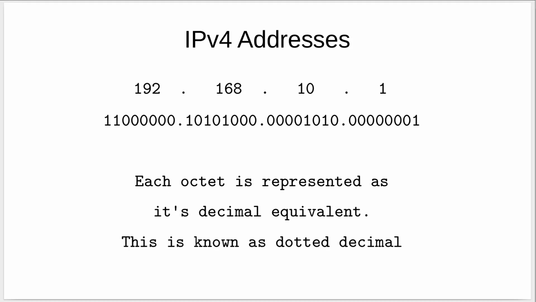So the first octet converts to 192, the second one converts to 168. The third octet there, that only has the 8-bit and the 2-bit set to 1, so that becomes 10. And the final octet only has the 1-bit set to 1, so that becomes 1. So we're actually looking at exactly the same IP address in its binary format and also in what's known as dotted decimal.